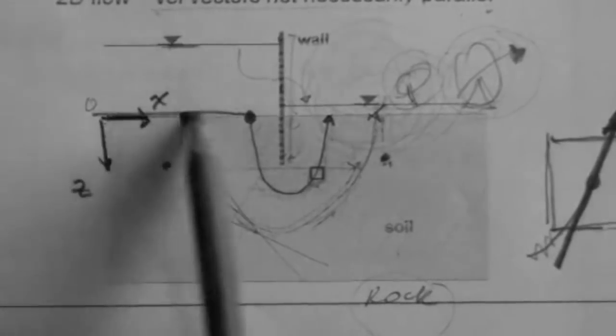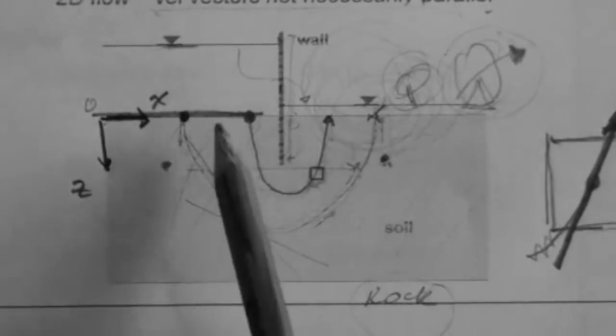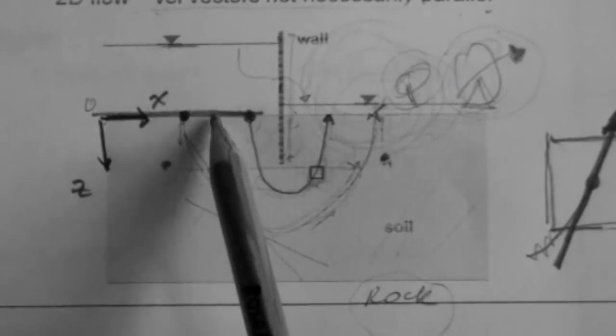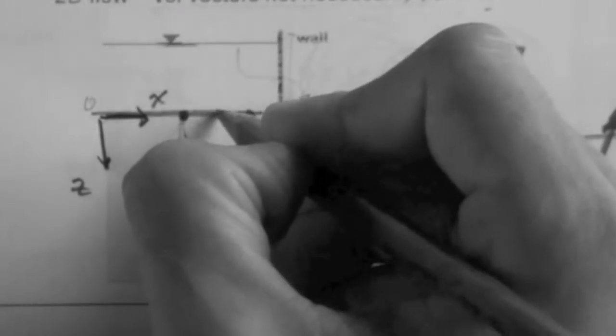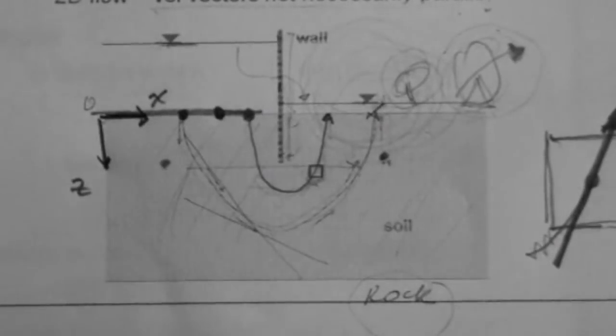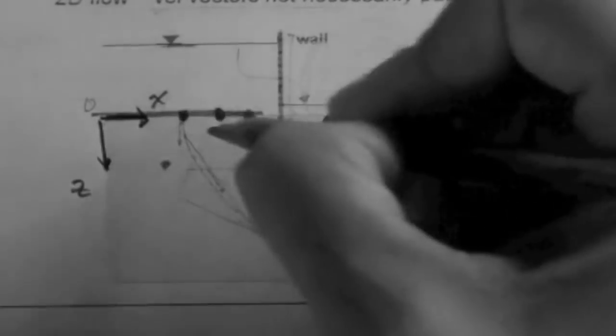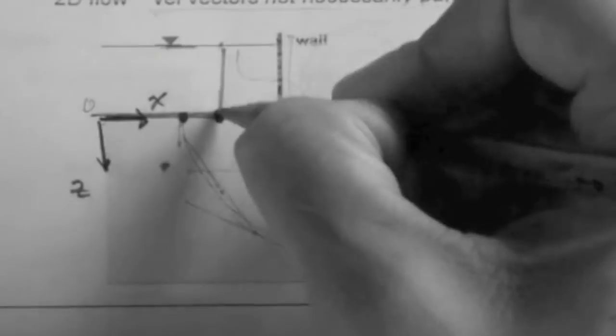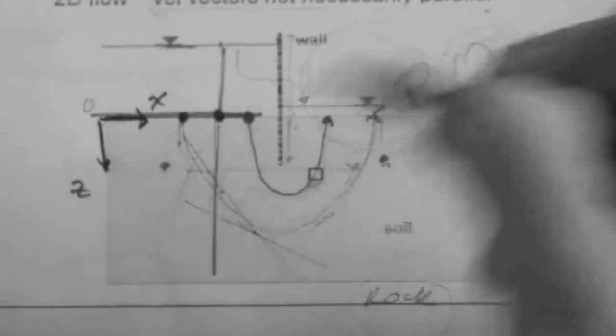Well, here's a boundary. Do we know anything about the head at this boundary? Well, a point here is located at the boundary, right? So we know that the pressure head is that distance, and the elevation head is this distance.